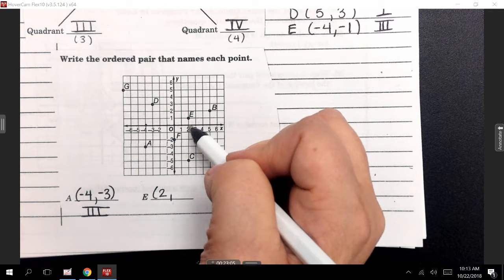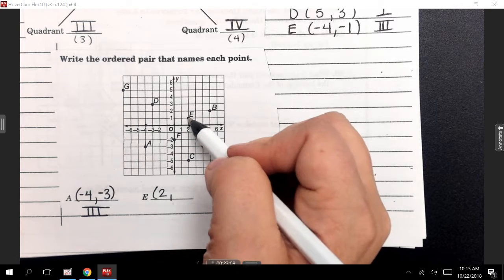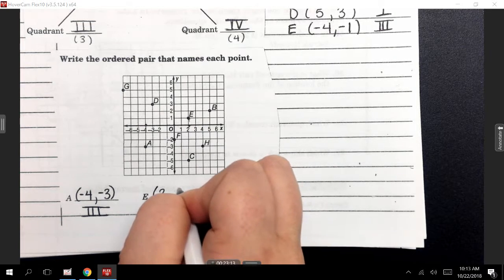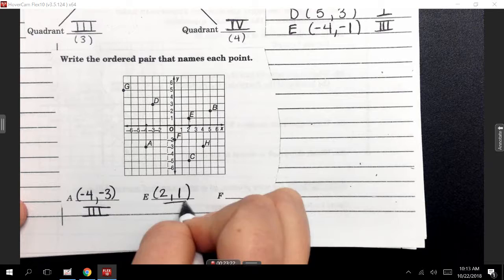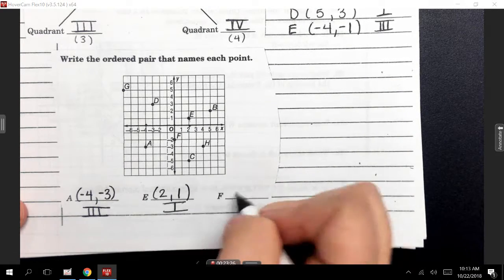Sasha? Going up, how many? 1. So I went up 1, and that puts me at E. So is that a +1 or a -1? +1. So I get 2, 1. What quadrant is that going to be in? Gabe? 1. All right.